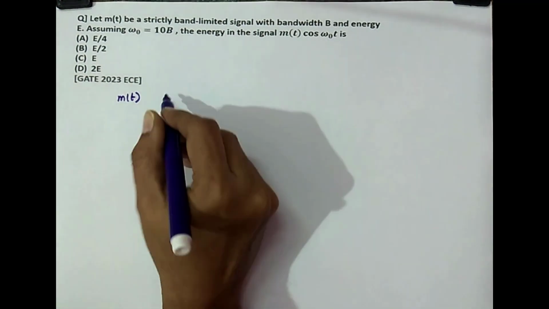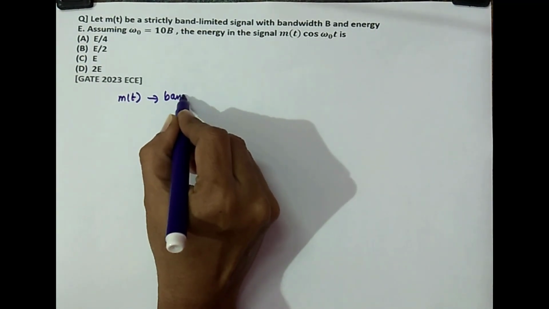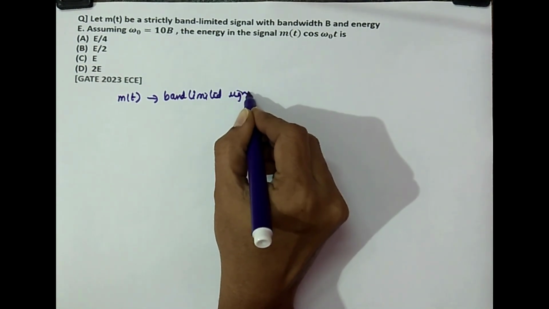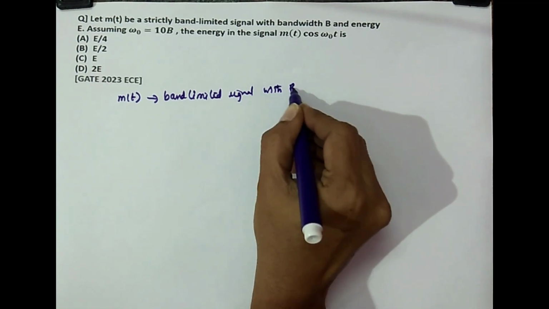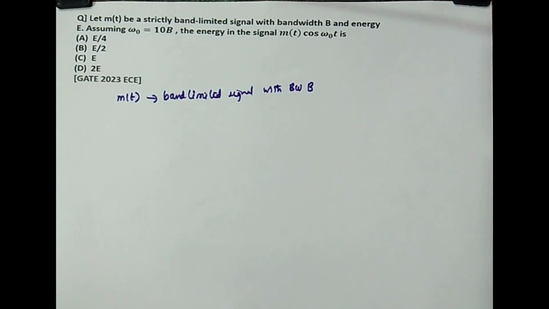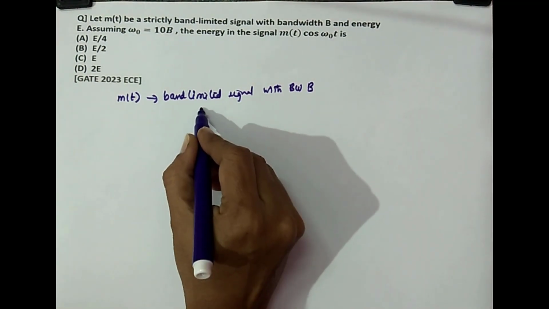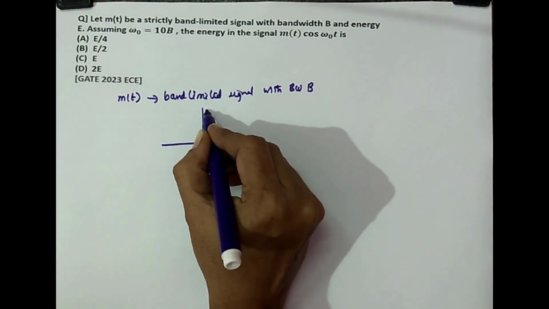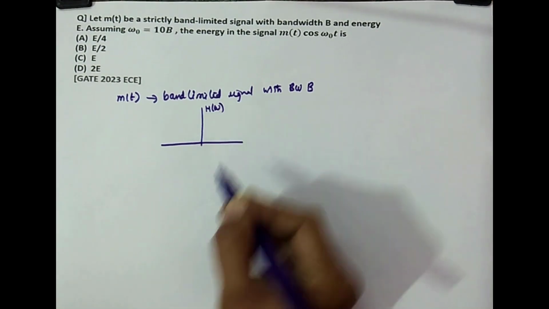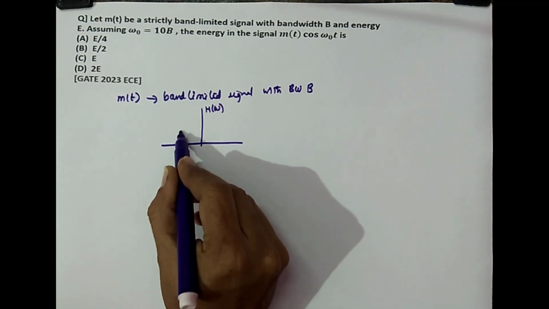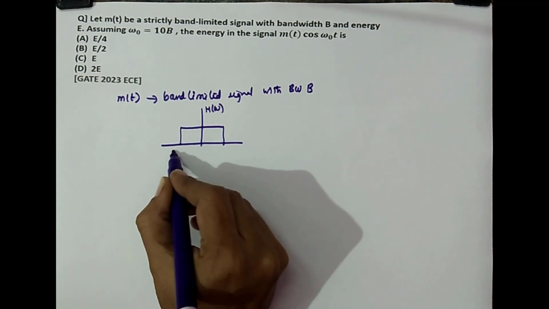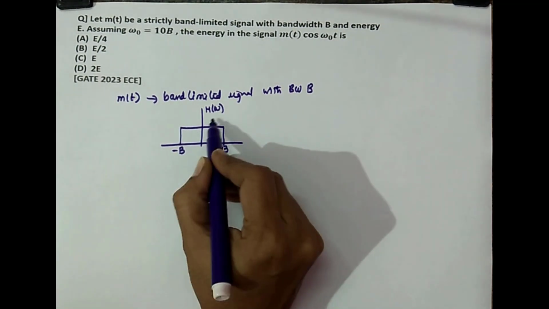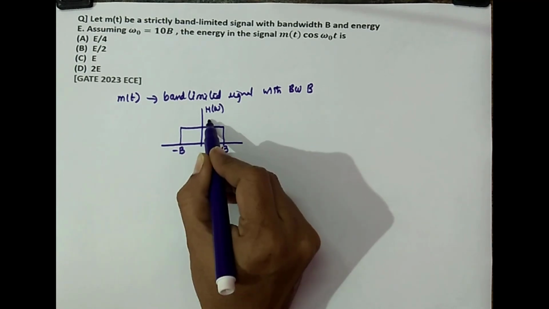M of t is a band limited signal with the bandwidth B. So you can draw now for a band limited signal m of t, the M of omega like this. This is minus B and this is plus B. Amplitude is 1.